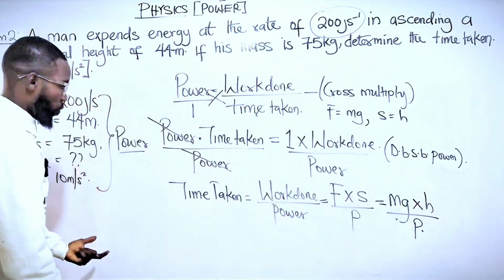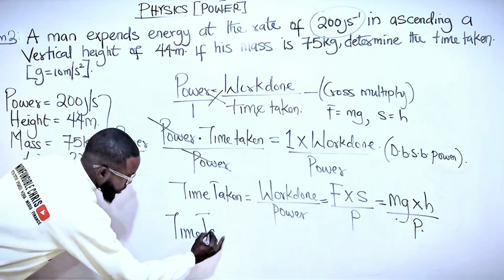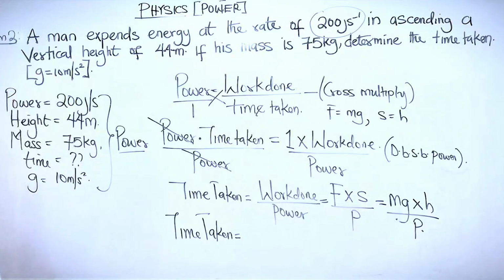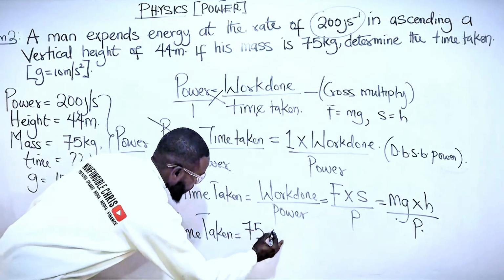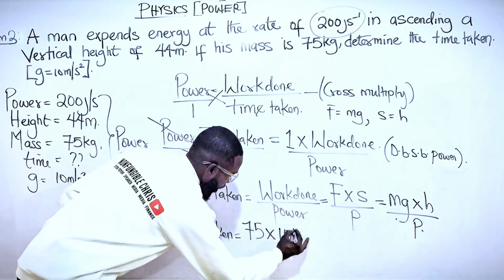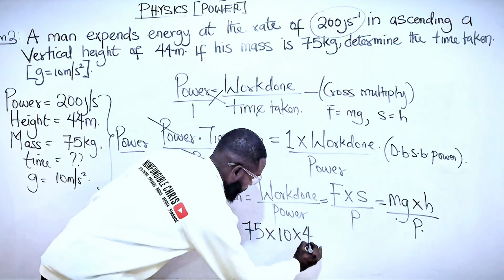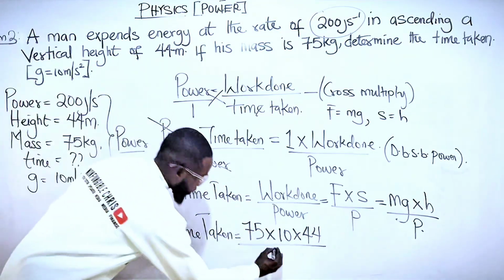If we take it further, our time taken becomes the mass, which is 75 kilograms, times g, which is 10 meters per second squared, times h, which is 44, over the value of the power, which is 200.